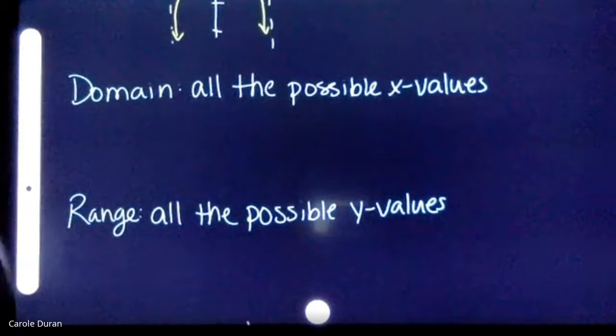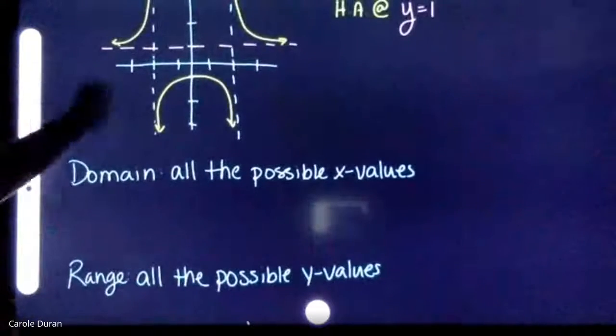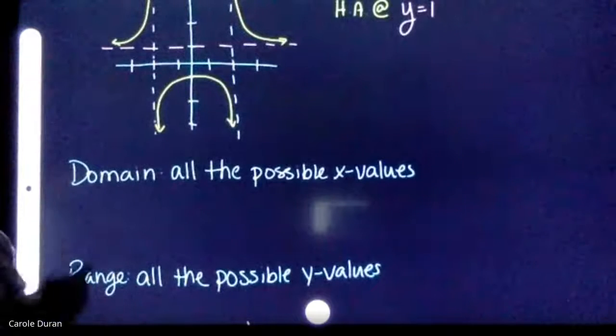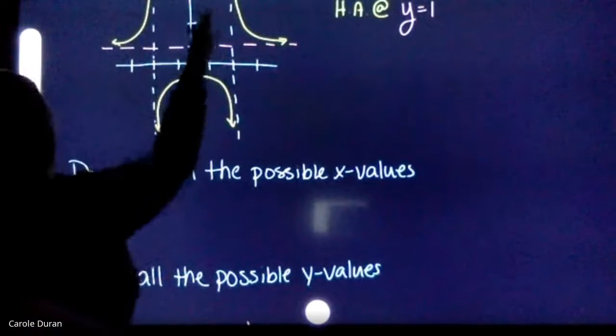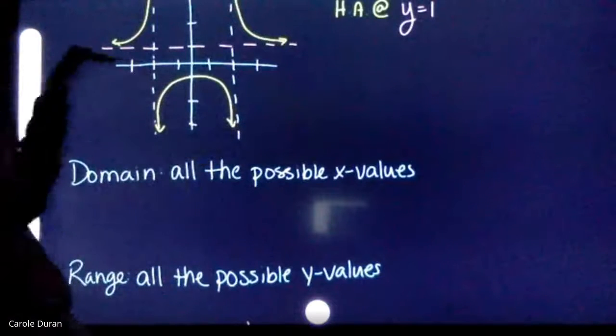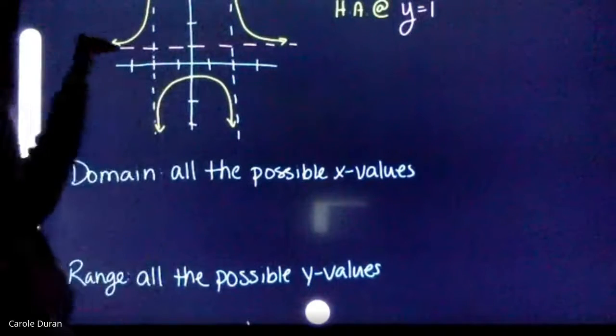For each of these, we assume that our domain is -infinity to infinity, and that our range is -infinity to infinity, because we assume it's going to work for everything. But that's not always true, right? Because the example up here showed me that we had gaps in our domain and our range. Our gaps in the domain were our vertical asymptotes. The gap in our range was our horizontal asymptote.